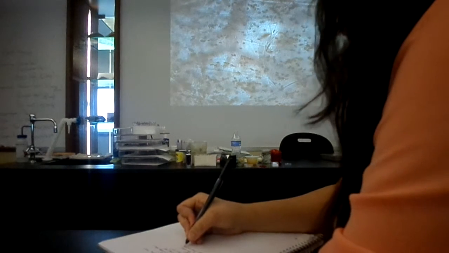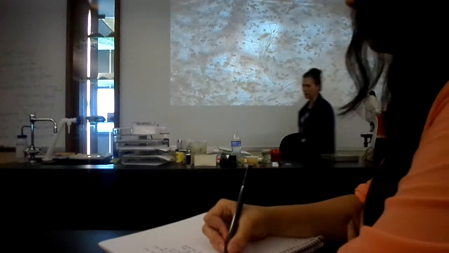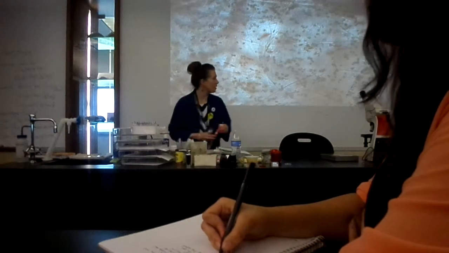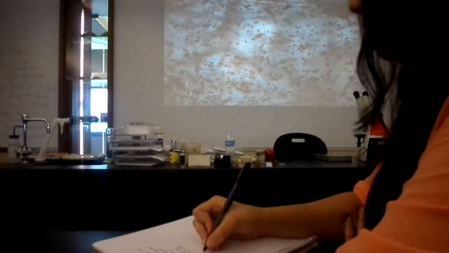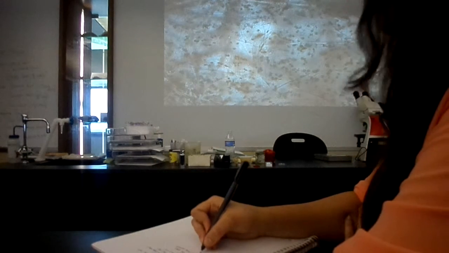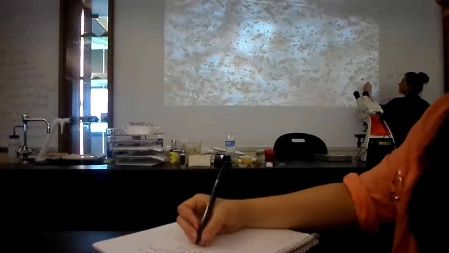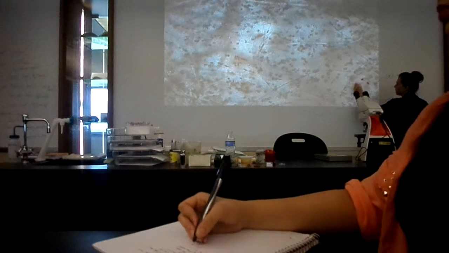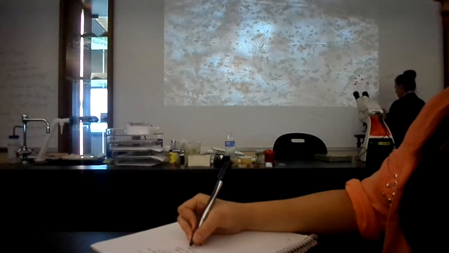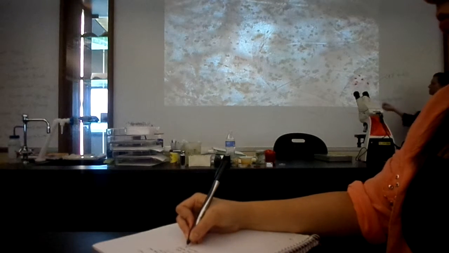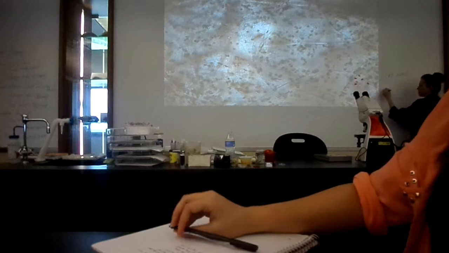But I do want you to notice that in the slide, you see all of these red dots, correct? Right? So in your slide, you should see red dots. I've got little red ovals all scattered around here. All right? Those red dots are pigment molecules.